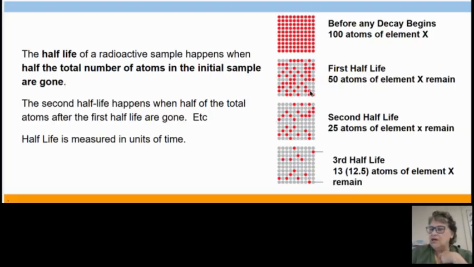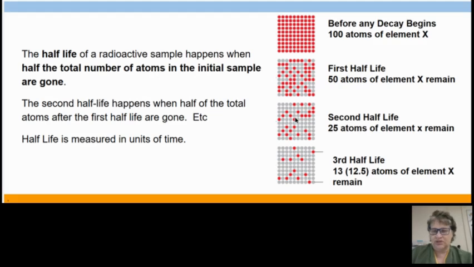There are many half-lives because you can keep going until there's nothing of the original sample left, right? So the second half-life, where we start at 50, is half of those atoms.